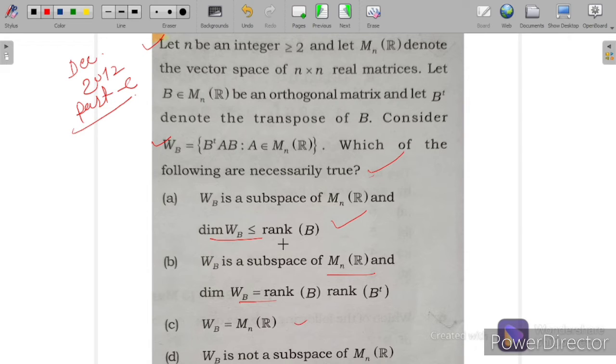So first we need to check whether W_B is a subspace or not. So use the subspace test.